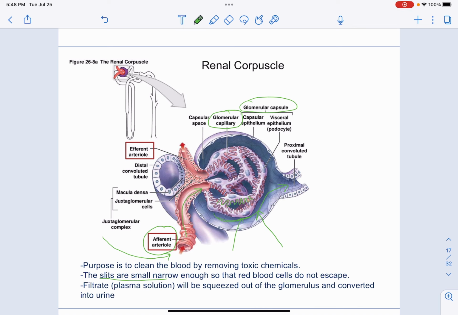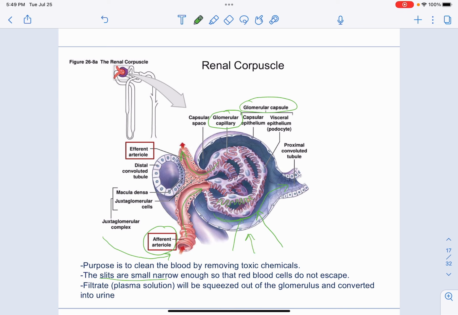We haven't talked about the tubule system yet, but I just want you to see what is happening in the glomerulus. Everything that doesn't get filtered out is going to go back into our bloodstream, and leave the glomerulus through the efferent arteriole. So it's like a strainer system.